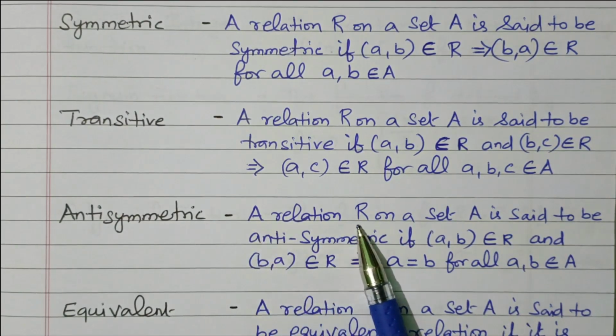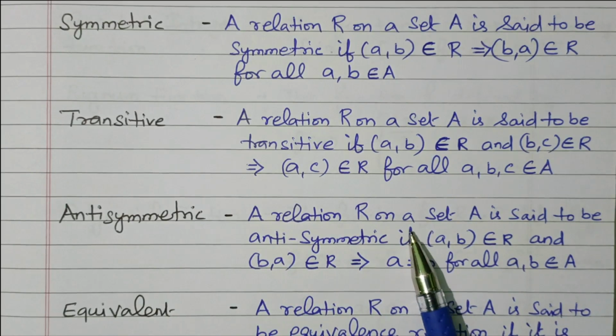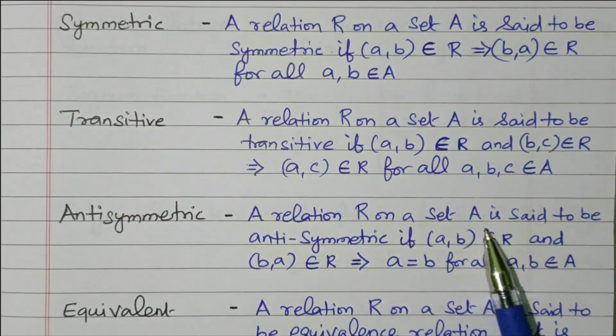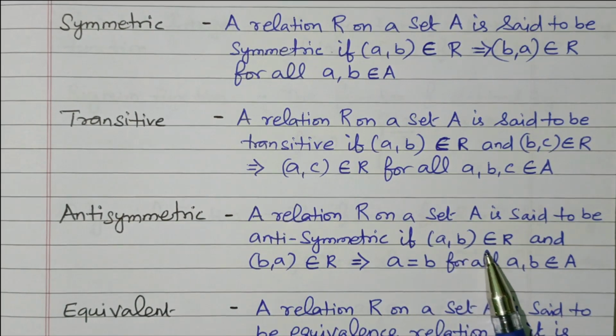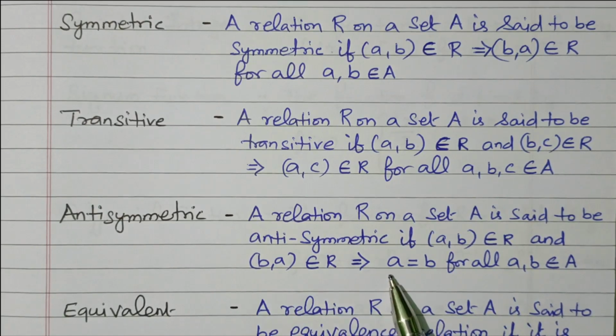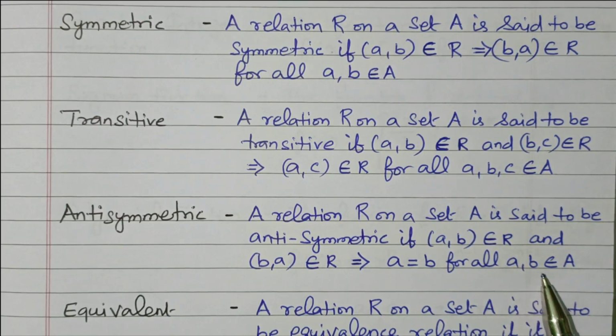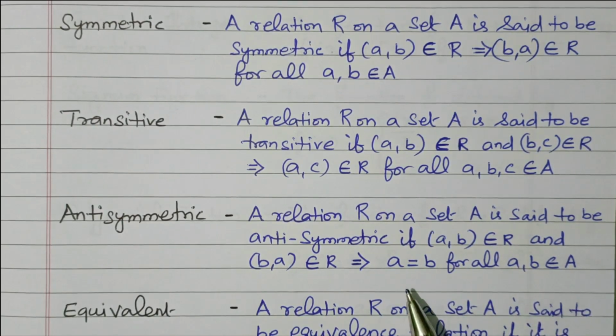Anti-symmetry. A relation R on a set A is said to be anti-symmetric if (A, B) belongs to R and (B, A) belongs to R implies A equal to B for all A, B in A. It's called anti-symmetry.